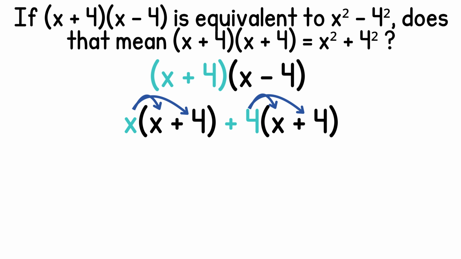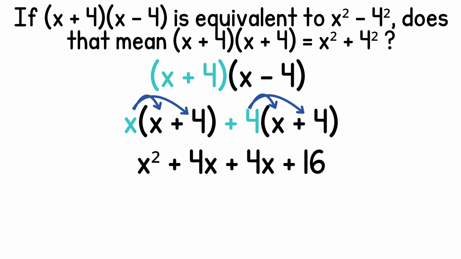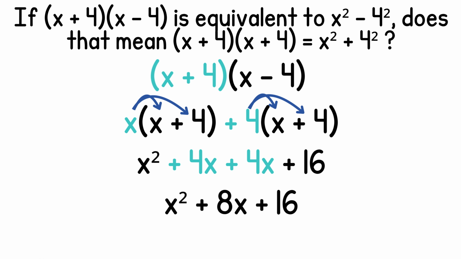We'll distribute that x and the 4 to the parentheses, which gives us x squared plus 4x plus 4x plus 16. We'll combine our like terms of 4x and 4x, so we get x squared plus 8x plus 16. So this is not equivalent. When we add them, our middle term actually doubles instead of going away like we've seen when we're subtracting. So we can't apply the same property when we're adding.